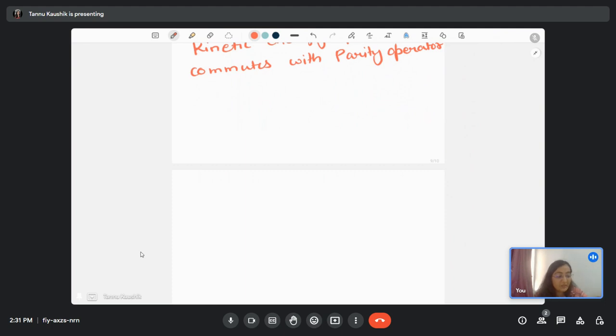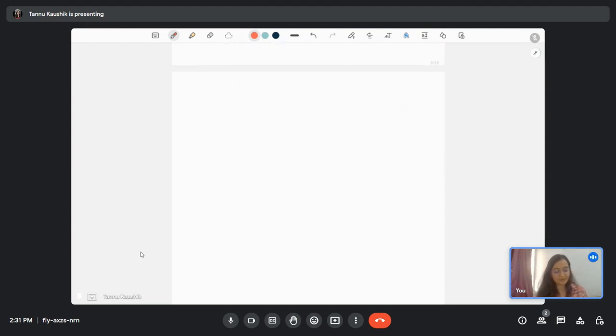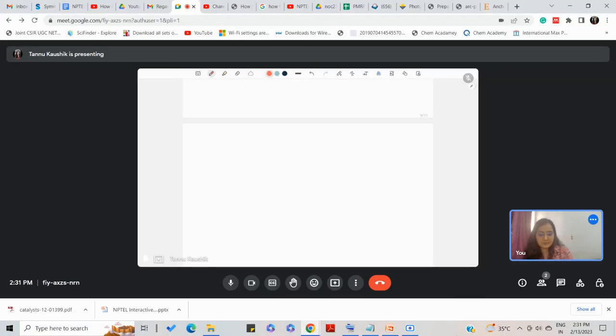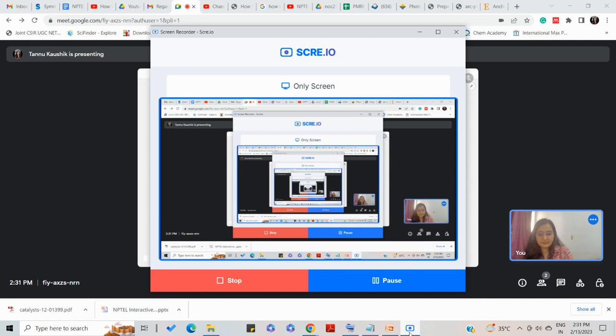So now let us take another example where we will be taking the ground state of the simple harmonic oscillator. We'll be taking the wave function for the ground state of the simple harmonic oscillator, and we will check whether for this function the kinetic energy operator commutes with the parity operator. So from here you will get a conclusion which I'll be telling you after solving this problem.